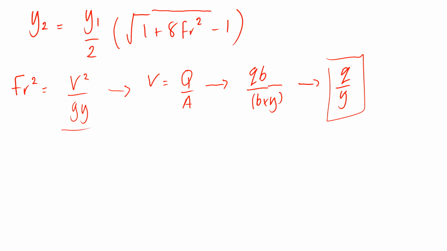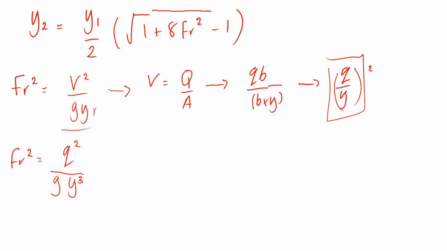So what you'll get is Fr squared equals q squared over g times y cubed, because V was squared, so q squared and y squared, and when you sub this in, there's already a y there, so it goes to y cubed.